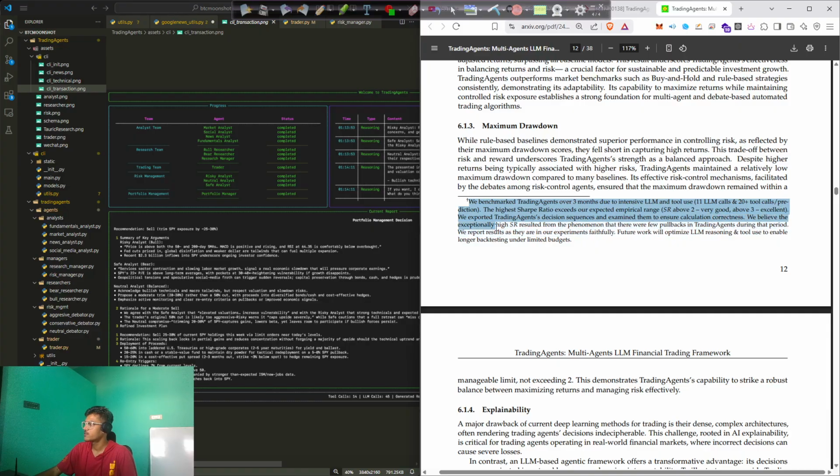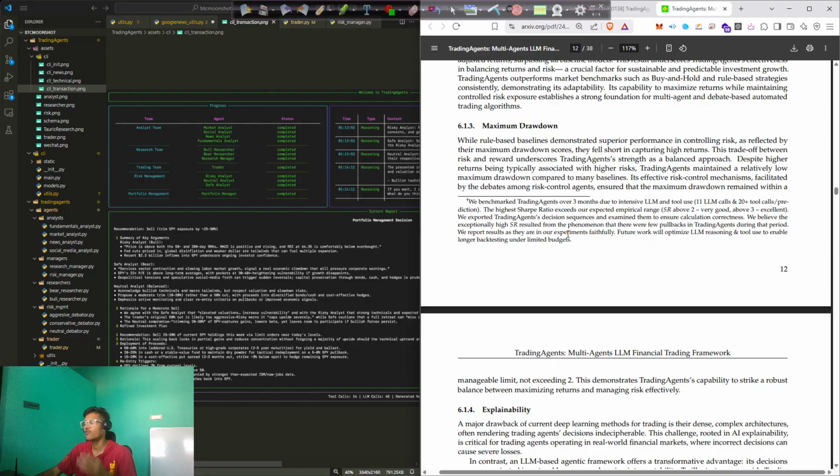We believe the exceptionally high Sharpe ratio resulted from the phenomenon that there were few pullbacks in trading agents during that period. We report results as they are in our experiments faithfully. Future work will optimize LLM reasoning and tool use to enable longer backtesting under limited budgets.